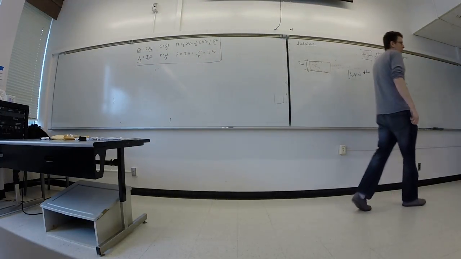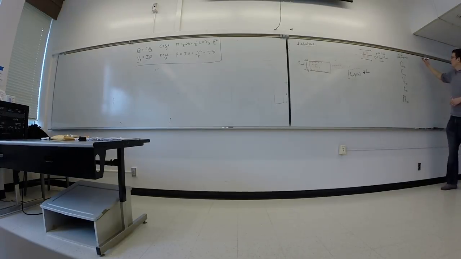We put in a dielectric. So let's now insert the dielectric on the assumption that the cap has been removed from the charging circuit. So let's say the cap by itself, just like I've drawn it.